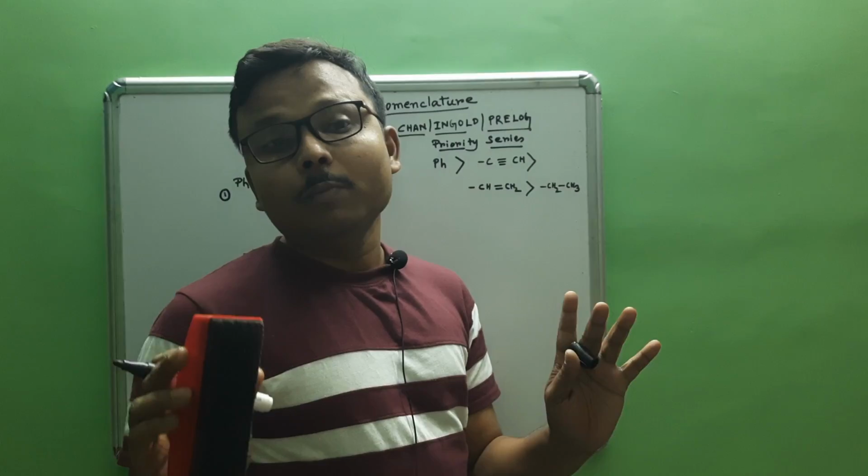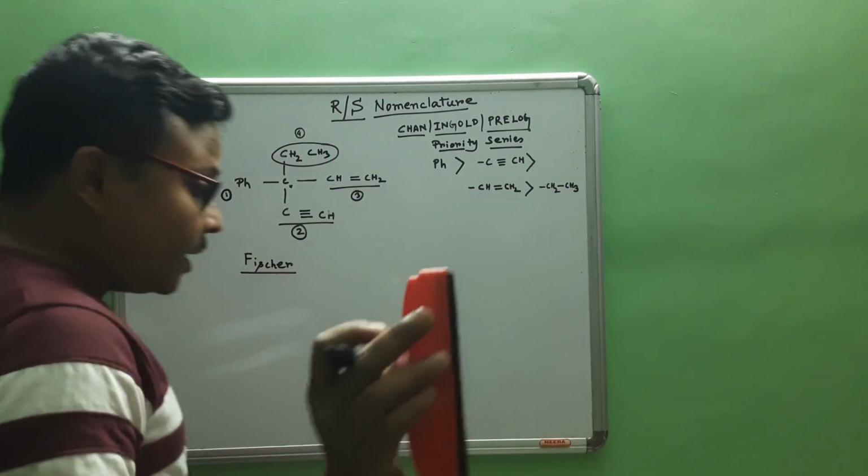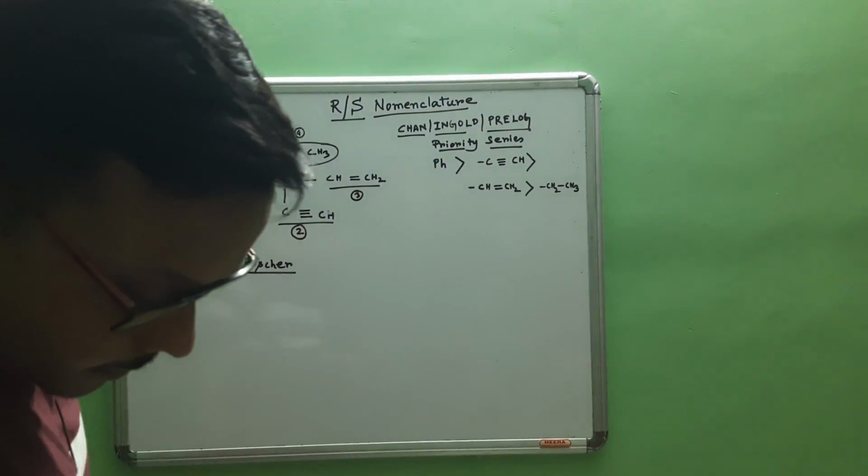The lowest priority group is already in vertical bond, so you don't need to reshuffle it. Okay, my dear student.